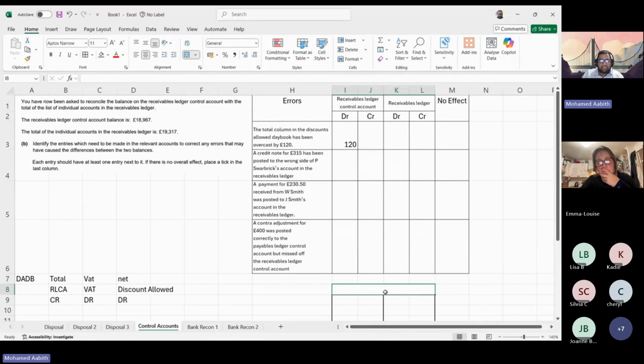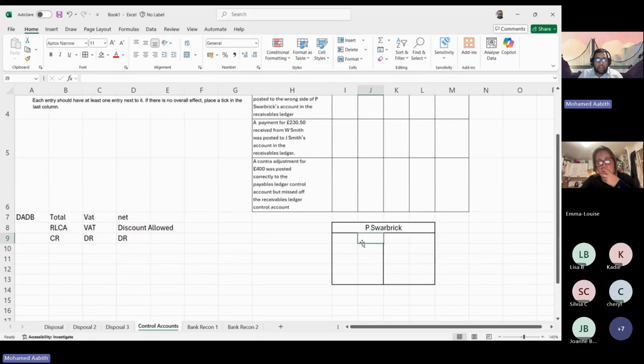So here, this is going to be for P. Swarbrick's account. So they're saying here a credit note was posted to the wrong side of P. Swarbrick's account.